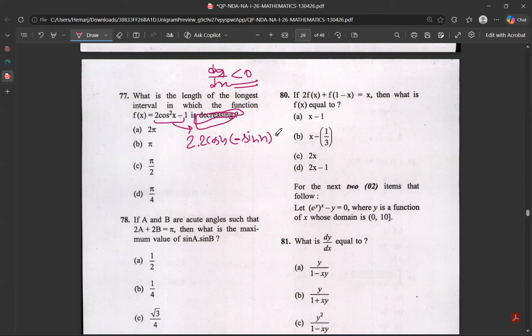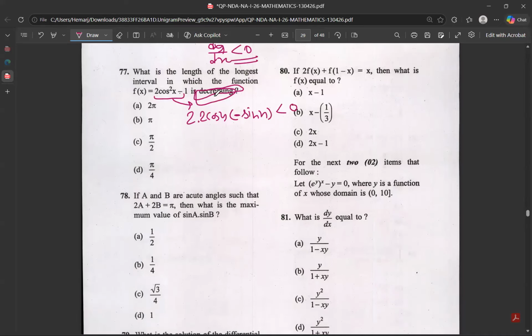The derivative has to be negative, less than 0, for a decreasing function. Now 2 into 2 will be 4 cos x, and minus can be taken outside. This will be sin x less than 0. Now minus 2 into 2 cos x sin x can be written as sin 2x less than 0.